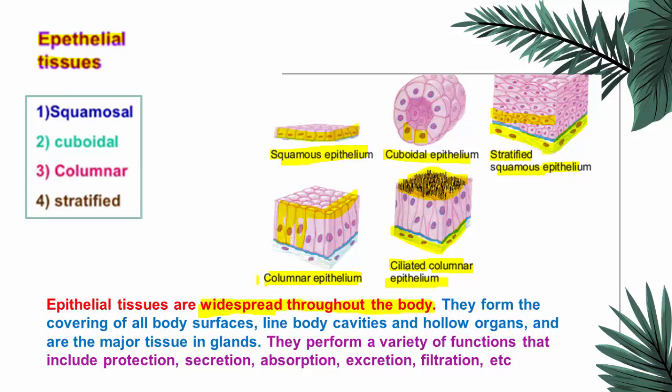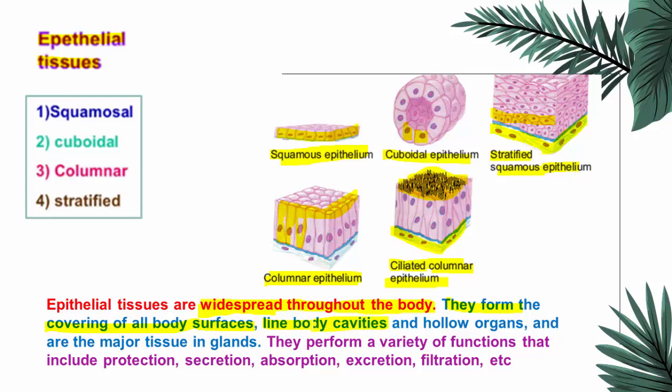They are present everywhere in every part of the body, and they form, important sentence, they form covering of all body surfaces. That means skin is made up of epithelial tissue. The mucous membrane which is present in the mouth, ear, in the intestine, all that is made up of epithelial tissues. They line the body cavities.